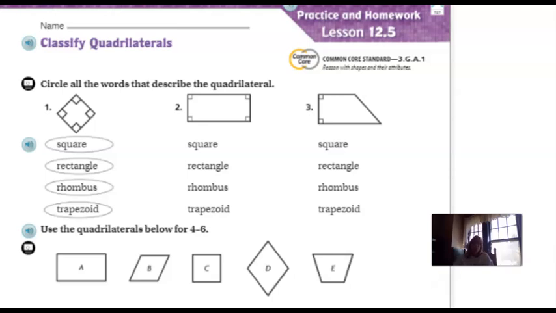It says circle all the words that describe the quadrilateral. Number 1 is done for you. Number 2, you see all 4 right angles, 2 sides are the same length and the other 2 sides. So we know that is a rectangle, and that could also be a trapezoid. We usually don't say that as a trapezoid, but it could be classified as a trapezoid also.